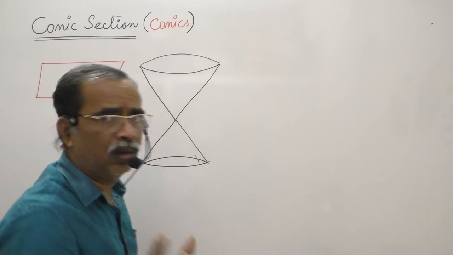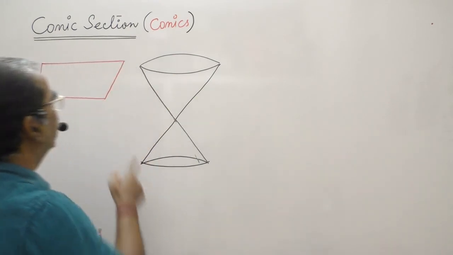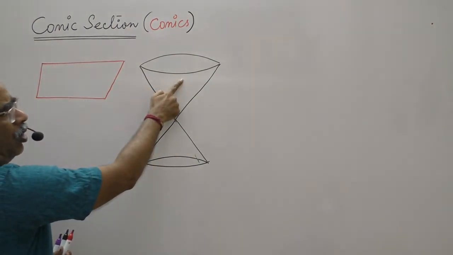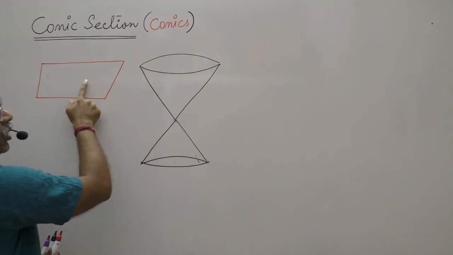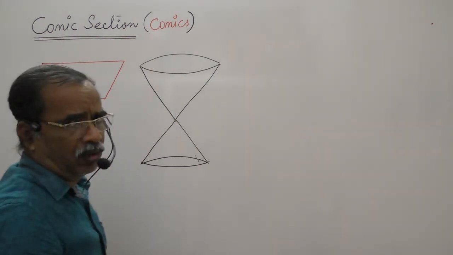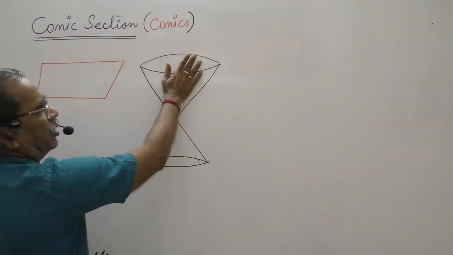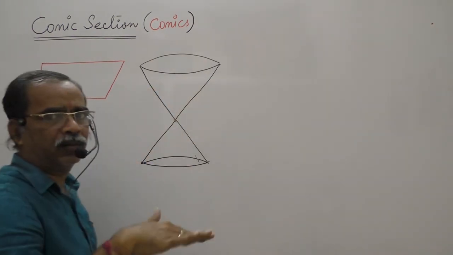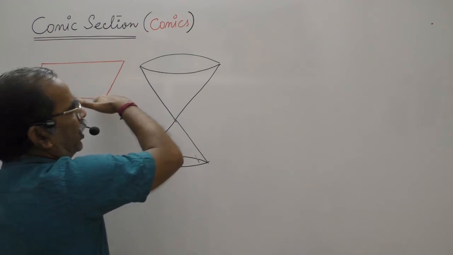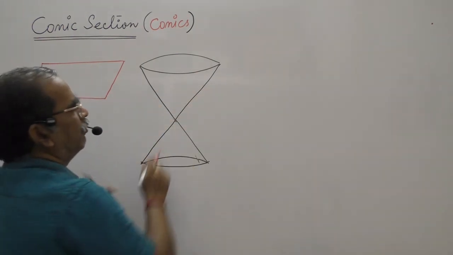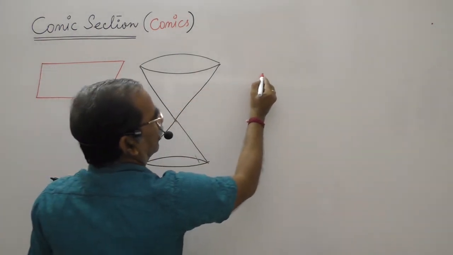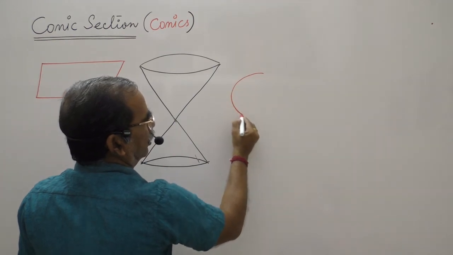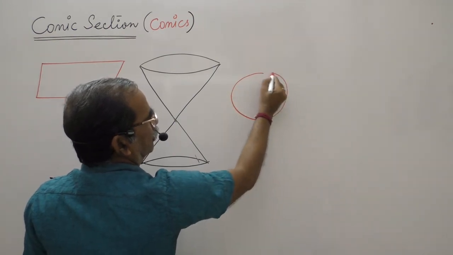If I cut this cone using this surface, for example, imagine this is a fruit, a carrot, and this is a metal plate. I will cut like this. Then I get a curve like this, which is a circle.